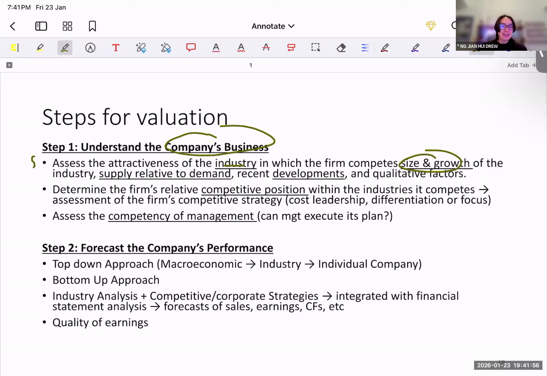So really understanding the environment where the company is in, and the demand for its products. In the process, we determine the competitive positioning of your selected company. Are they a cost leader, differentiation, or a focused company?